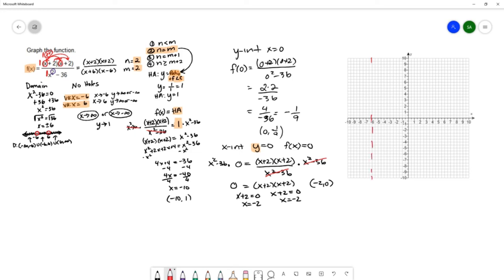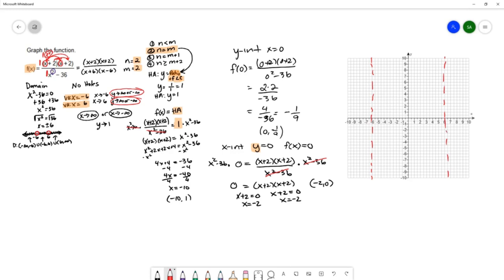This dashed line is going to act as a guide to help me draw the graph, but I have to remember the definition of the vertical asymptote to do that. So we want to remember that the y is going to either go to infinity or negative infinity at these vertical asymptotes. So I'm drawing those vertical dashed lines at x equals -6 and +6.